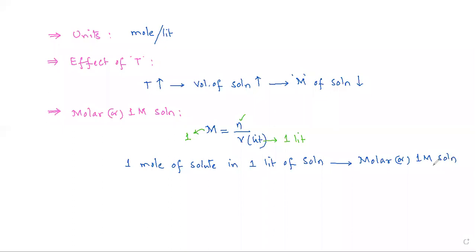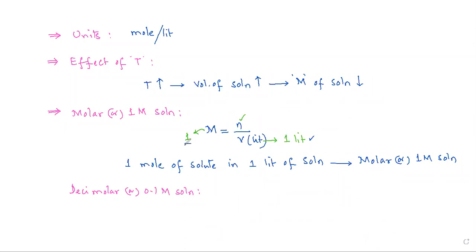So that way, we can define many things. Now, suppose I want the molarity to be 0.1, decimolar or 0.1M solution. Now, anyway, this is a constant, right?